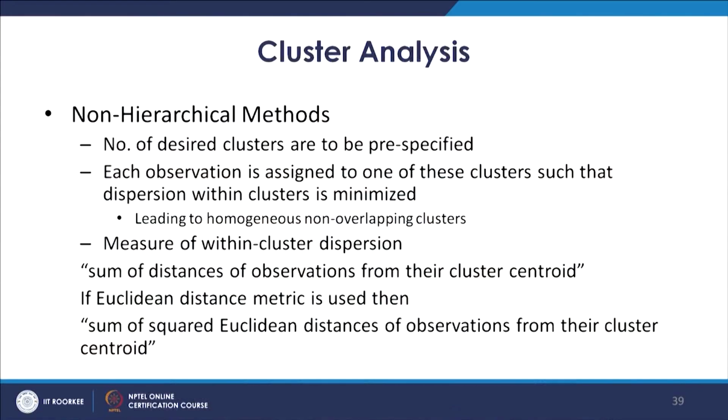Now, typically the more popular and common measure of within-cluster dispersion is the sum of distances of observations from their cluster centroid. If the Euclidean distance metric is used, then it can become the sum of squared Euclidean distances of observations from their cluster centroid.